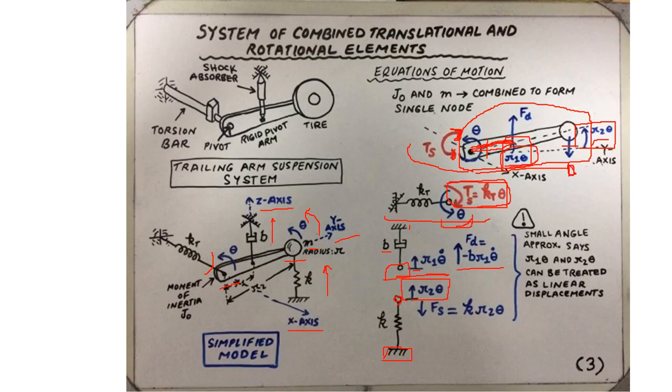So this is R2 times theta, and the small angular approximation says that R2 theta can be taken as a linear displacement, and the force exerted by the spring on this terminal, over here at this point, is downward, and this is Fs equal to k times R2 times theta.